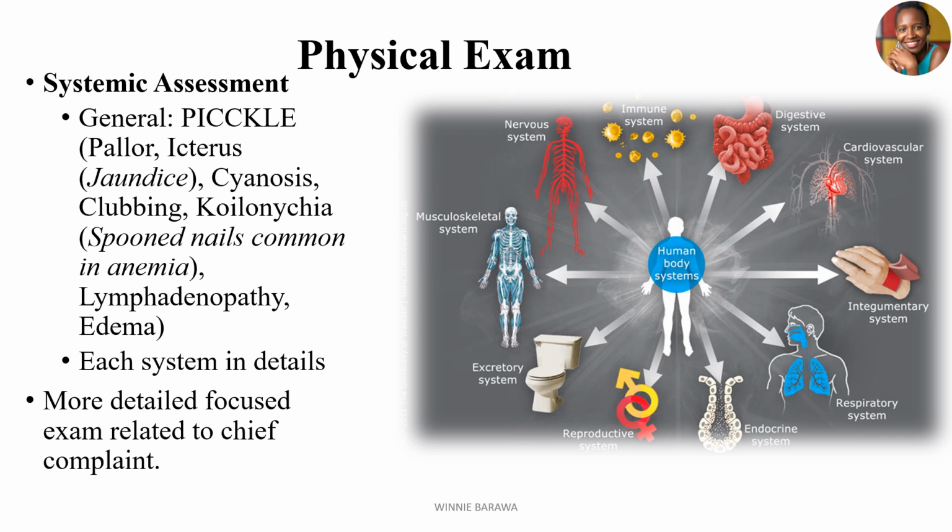These are key systems of our body that should be described in our physical exam when we decide to do the systemic assessment. So in here, we will not flow like the head and neck, but yes, sometimes you can use the idea of head and neck to guide you on how to pick the systems as you flow downwards.